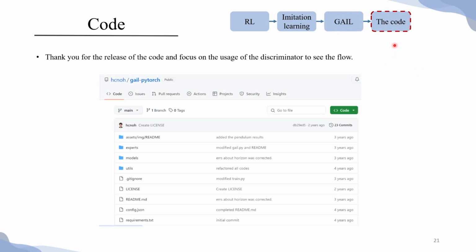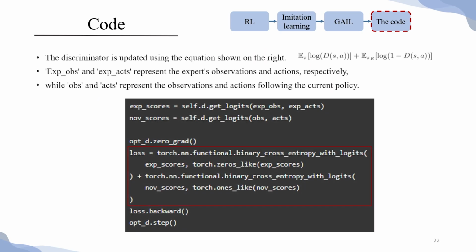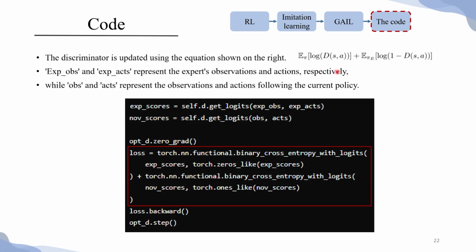The final section is code. Thanks to the release of the code, we can focus on how the discriminator is used to see the flow. The discriminator is updated using the following formula.